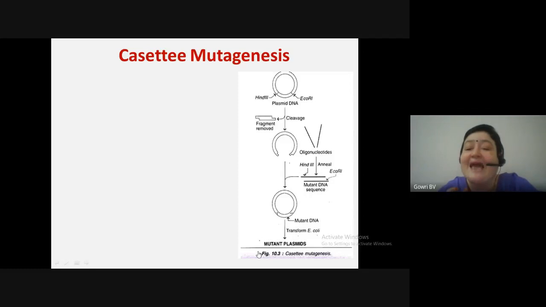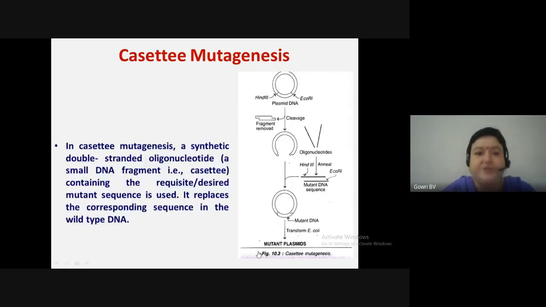That is why we named it cassette: the entire fragment is removed and replaced, not a single base change. Since we are bringing out mutation, it is called cassette mutagenesis.